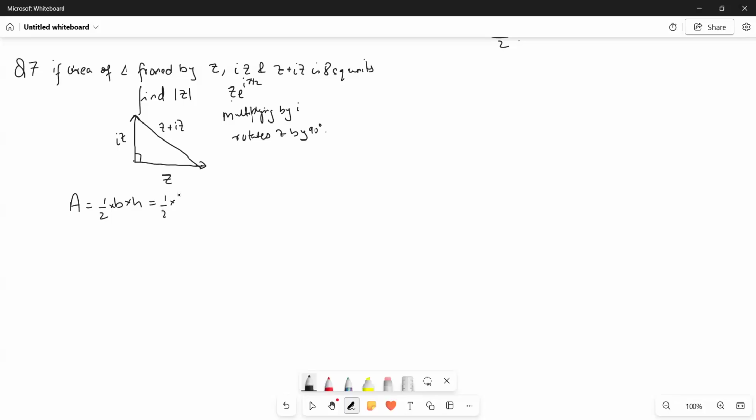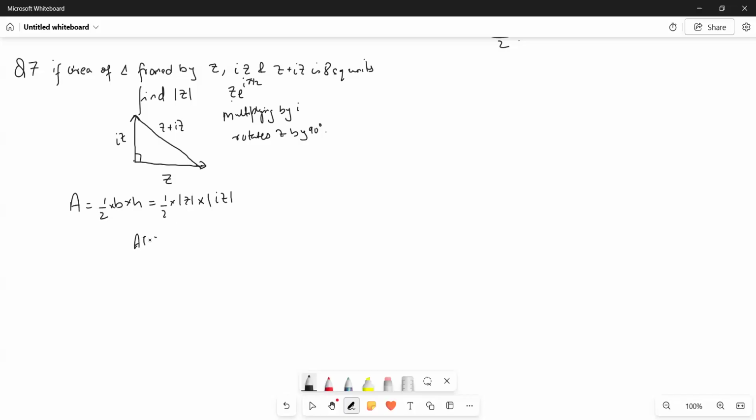अच्छा, इस केस में बेस क्या होगा? मॉड z into height क्या होगा? Mod of iz. But what can we say about the mod of iz? Same as mod z.